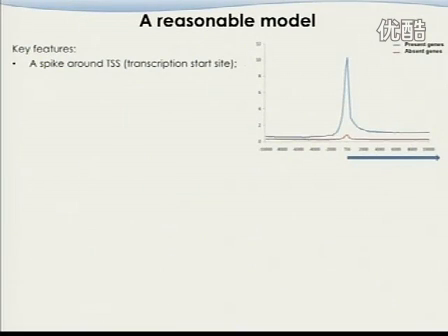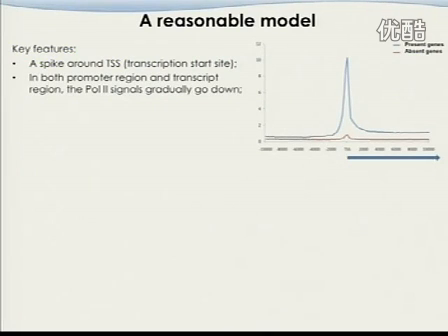So let's go back to this initial pattern and look at it a little bit further. What are the key features? The first one is we will see a spike around the transcription starting site in this region, which is not surprising. And in both the promoter region, which is upstream, and the downstream gene transcript region, we see the signal gradually goes down.